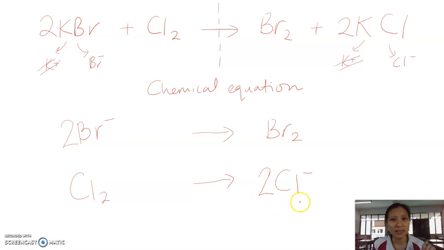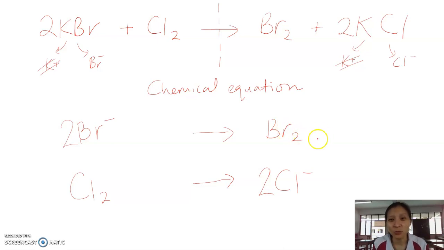My e is actually to balance the charges of the half equation. So for the first equation, there are 2 negatives on the left side of the arrow. But on the right side of the arrow, there's no charge, so the charge is 0. Now, I want to add in my e to balance this 2 negative and 0. Where should I put the e?